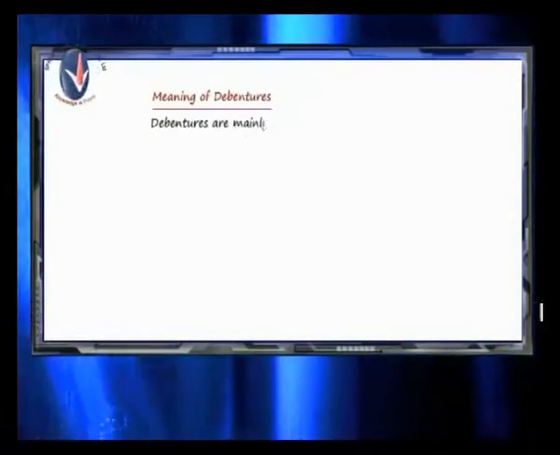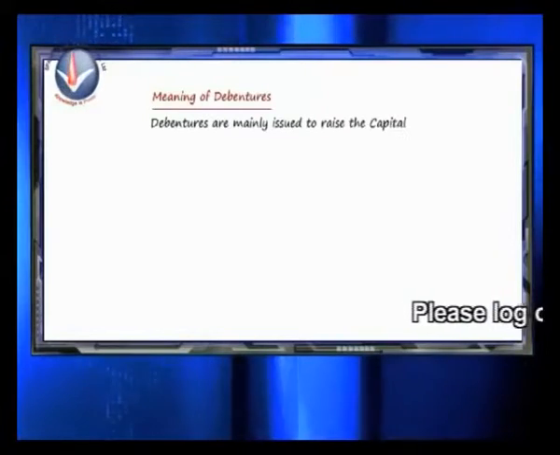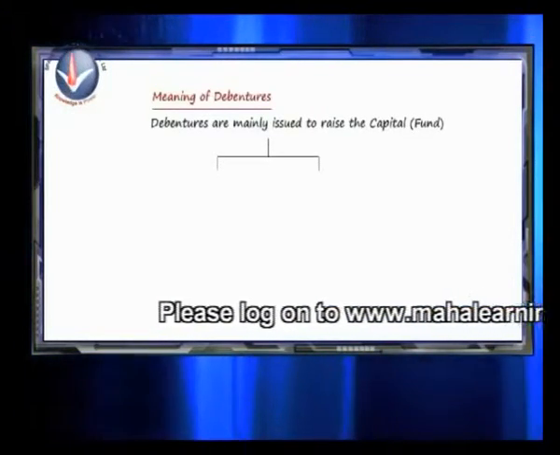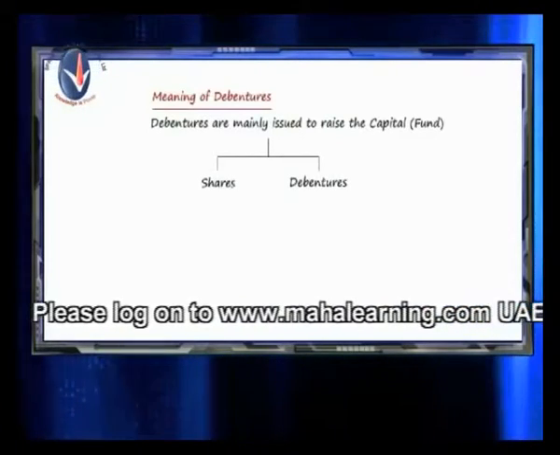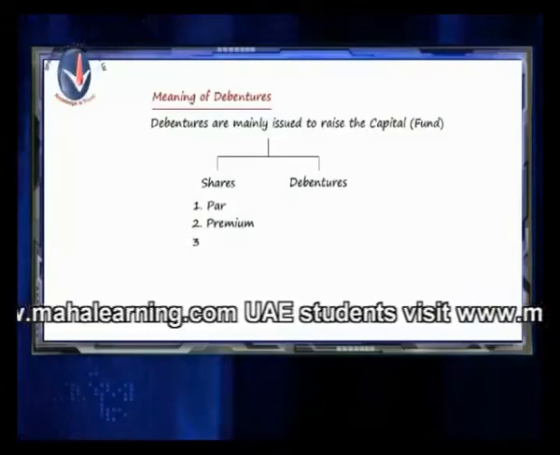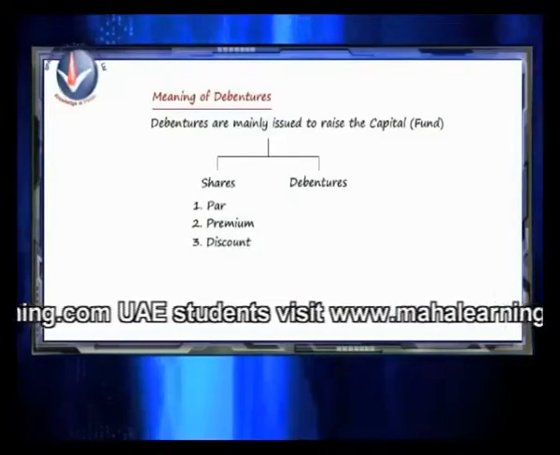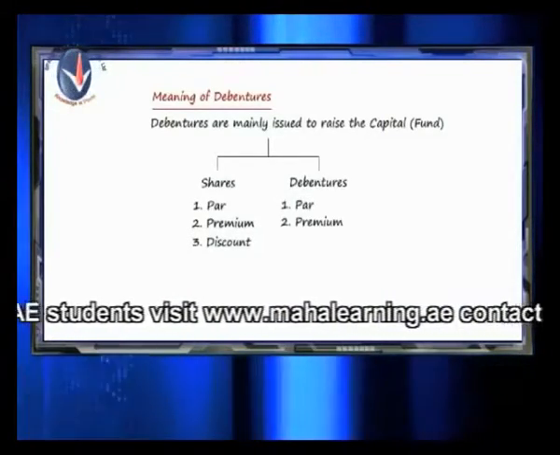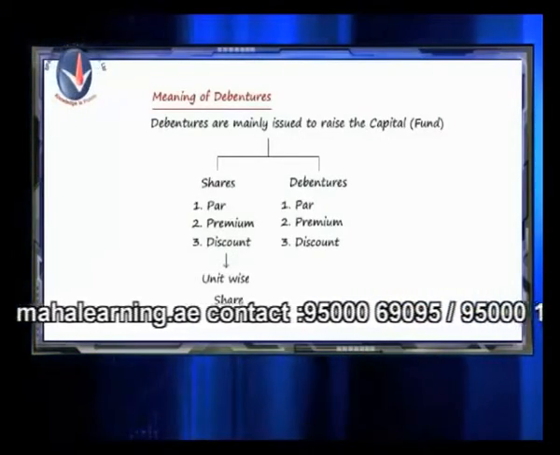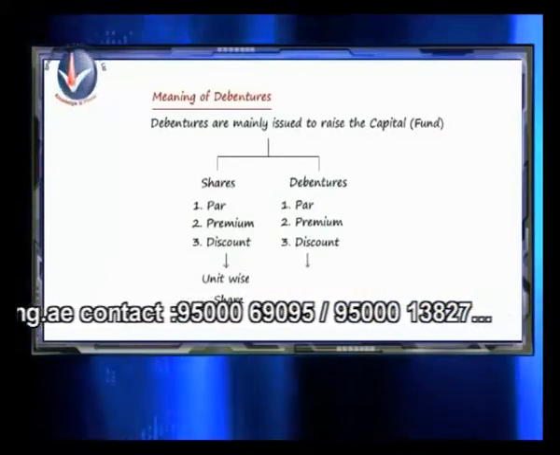Debentures are mainly issued to raise capital, that is, funds. Capital can be raised in the form of shares and debentures. Shares can be issued at par, premium and discount. Debentures are also issued at par, premium and discount. For shares, it is unit-wise share. For debentures, it is a bond.